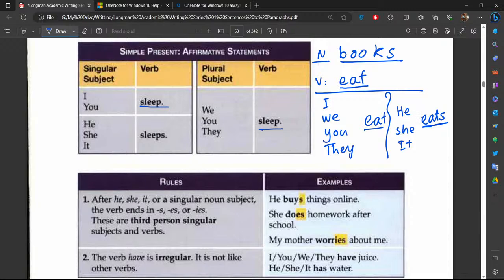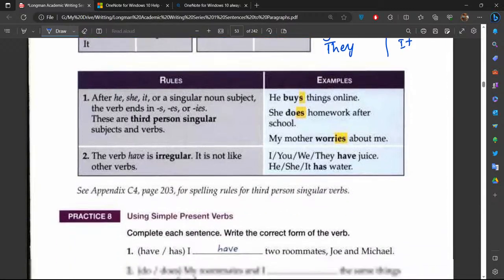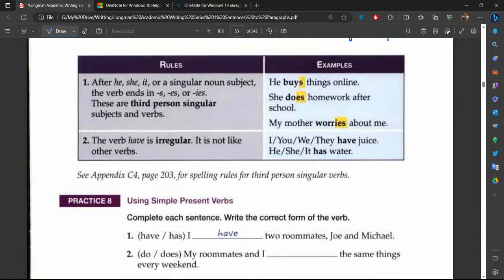It's just that with he, she, it, if we use a verb, we have to add an s, es, or ies to the end of the verb. So now the rules: after he, she, it, or a singular noun subject, the verb ends in s, es, or ies.